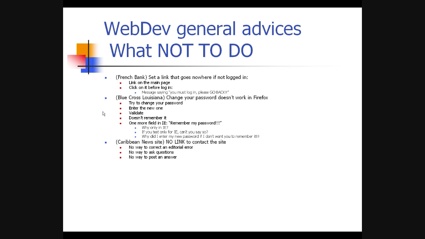There is no way to post an answer to anything that they are saying on their website. And there is no way to tell the webmaster there is a technical problem in his website. For example, that his website is using 100% of CPU on any machine displaying it if it's in Firefox.